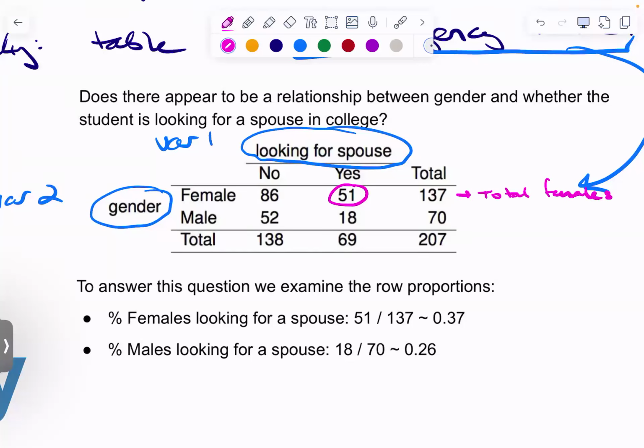And so the percentage of females who were looking for a spouse is roughly 37%.